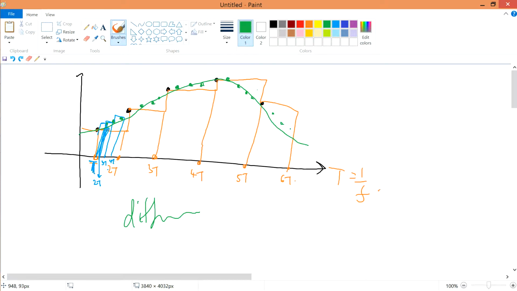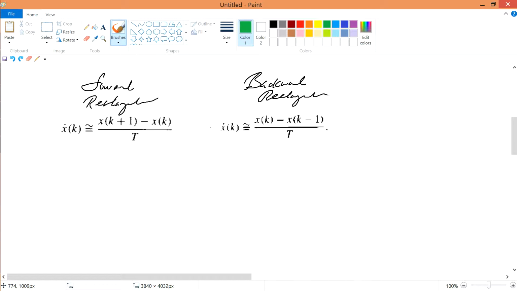So the forward is simply sampling from this point to this point, so you are going in the forward direction. If you are sampling from this point to this point, then you're going in the backward direction. So it depends on whether you're going in this direction or in this direction, that's all. It's just simply Euler's rectangular forward and backward method.